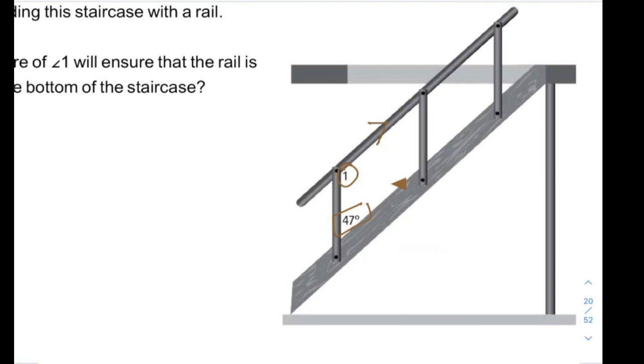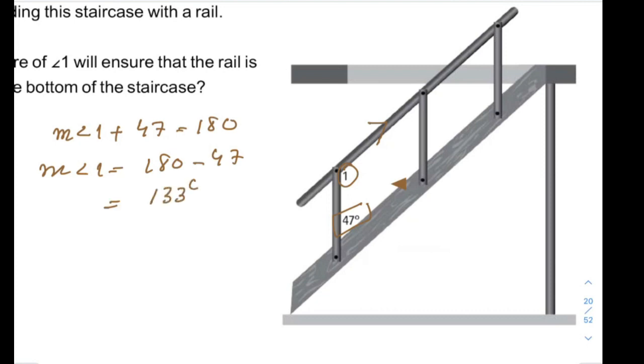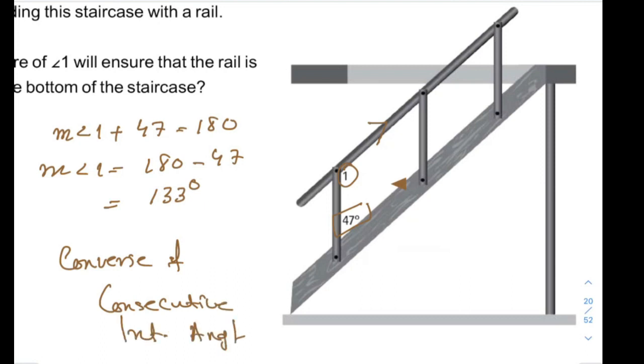So that means measure of angle 1 plus 47 should equal 180. That means measure of angle 1 is simply 180 minus 47, which is 133 degrees. And this is called the converse of the consecutive interior angles theorem.